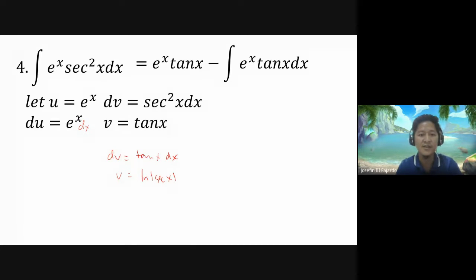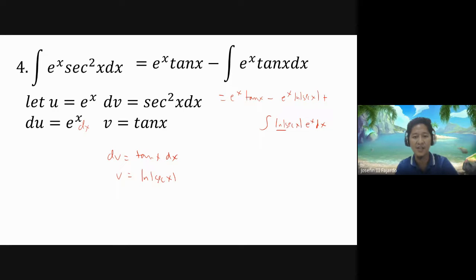So, nangyari, this will turn out to be e to the x tangent x minus uv, so e to the x ln absolute value of secant x, okay, minus, or since minus yan, plus na to, integral of v, which is ln absolute value of secant x, and then du, so e to the x dx. So parang ang nangyari, mas naging komplikado, nagkaroon na naman tayo dito ng ln. Di ba?